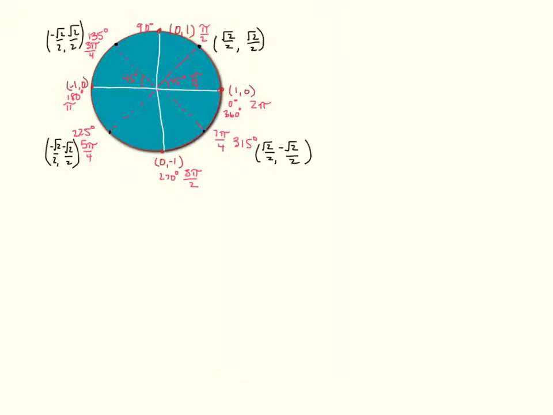Okay, so now let's find a few of the trig ratios at these coordinates. First, I'm going to do the sine of 3 pi over 2. That is a 3, just so you know. Okay, so the sine of 3 pi over 2.